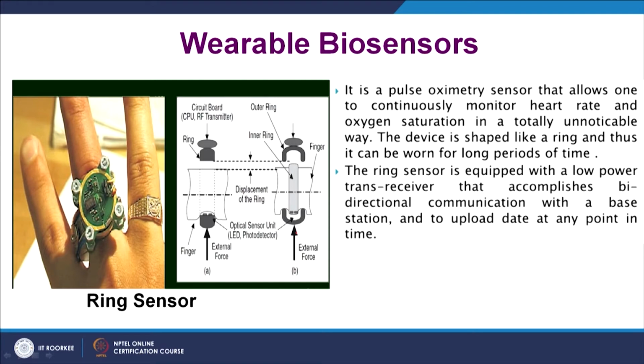So, what it has is RF transmitters, and then this is your finger, there is an inner ring, an outer ring, and a photo detector here. Every time the blood is pumped in the body, pressure waves are created. Before pumping, the blood is relatively stationary, and then a thrust comes and the blood moves.